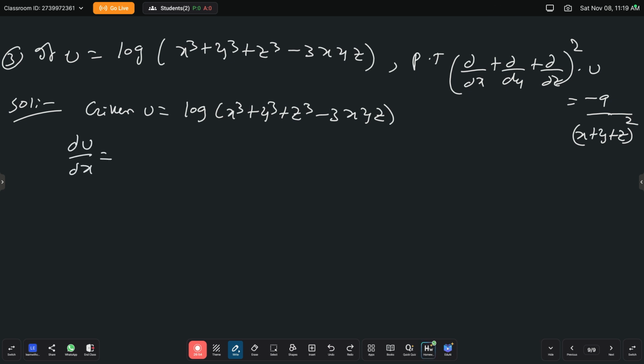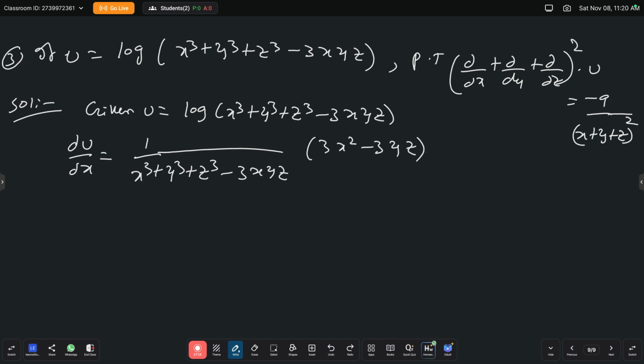With respect to x, d by dx of log x is nothing but 1 by x into dx by dx. So 1 by (x cubed plus y cubed plus z cubed minus 3xyz) into again d by dx of (x cubed plus y cubed plus z cubed minus 3xyz). So here with respect to x, y and z are constants. So that's why d by dx of x cubed is 3x square minus 3yz.